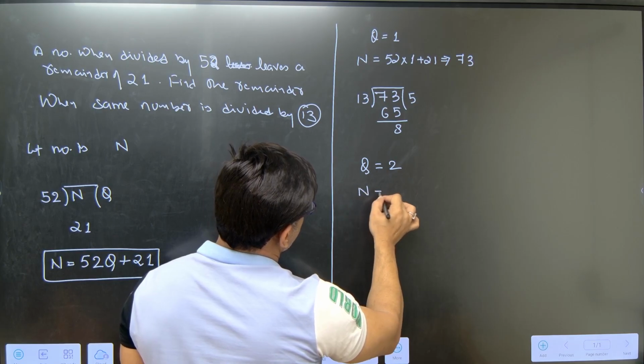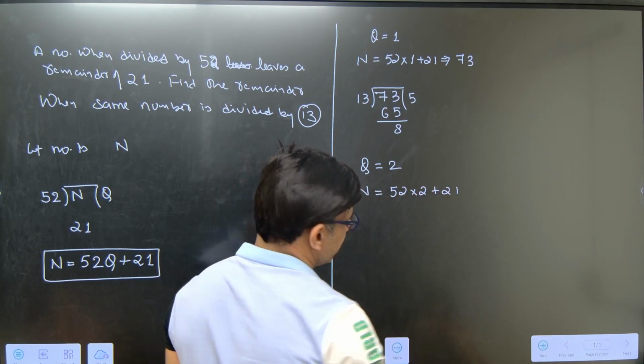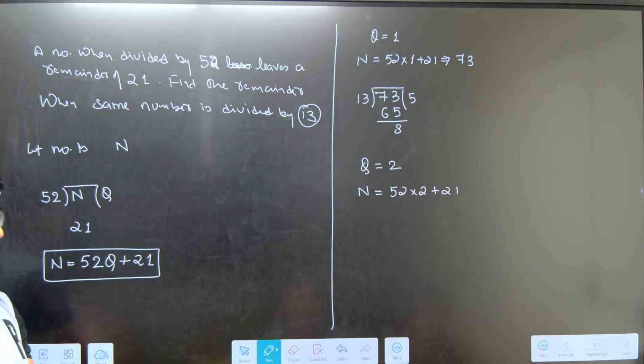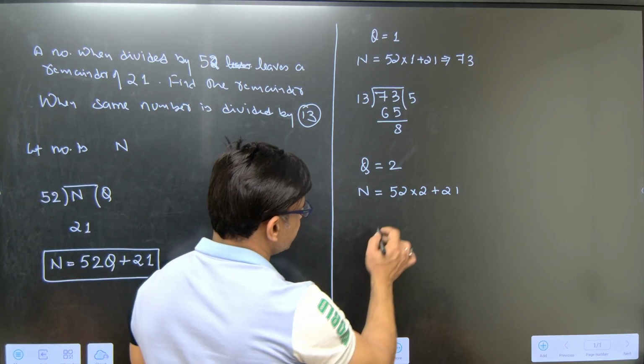Your number will be 52 into 2 plus 21. 52 into 2 is 104, and 104 plus 21 is 125.